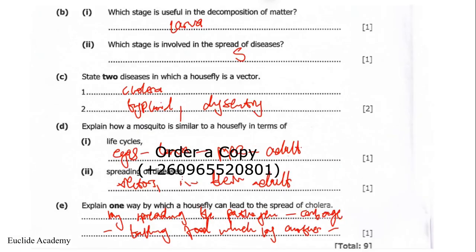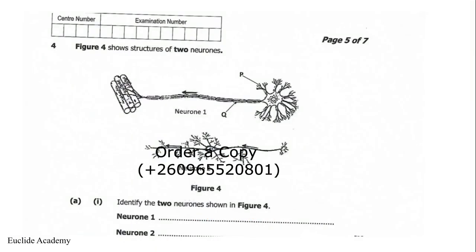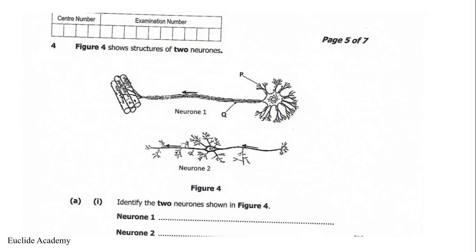Alright, so let's go to question 4. Figure 4 shows structures of 2 neurons. So I've got neuron 1 and neuron 2. Identify the 2 neurons shown. This is on sensory organs or the nervous system.